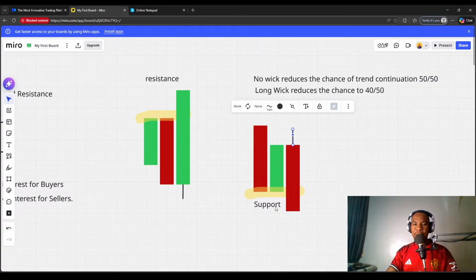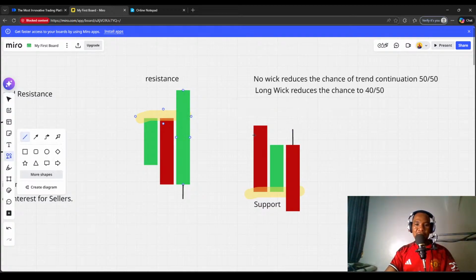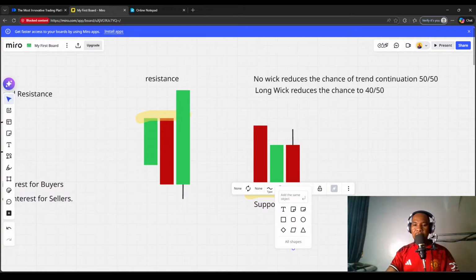So for example, if price at the support level moves something like this, it means that there are buyers along this region.